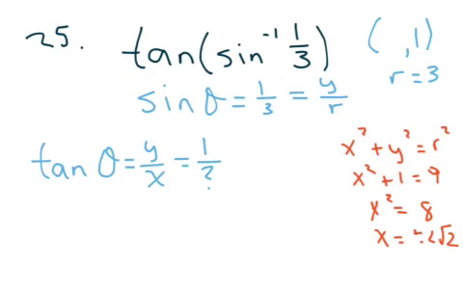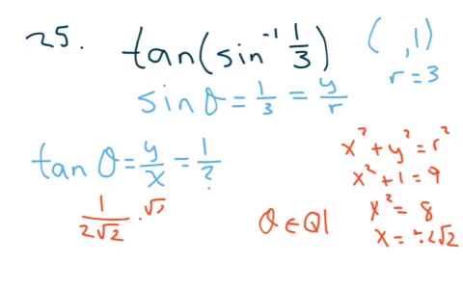Now, are we looking at the plus or minus? Since we're dealing with, which problem is this, 25? We're going to go ahead and notice that theta is in quadrant 1. So we're going to take the plus. We get y is 1, x is 2 root 2.